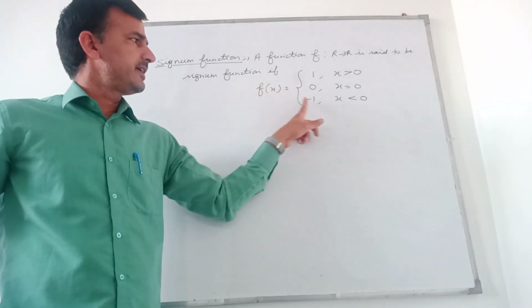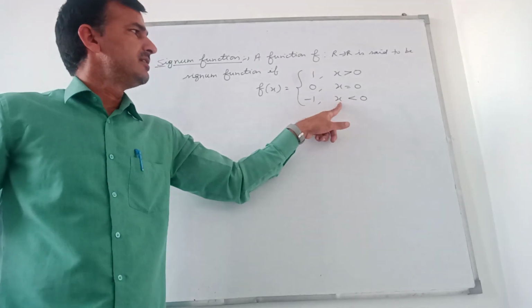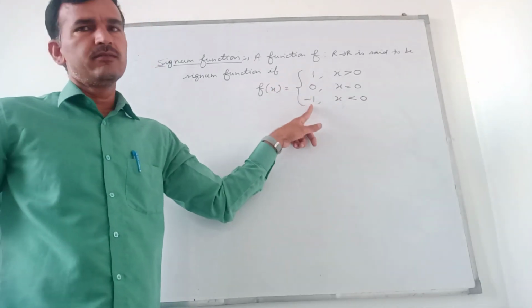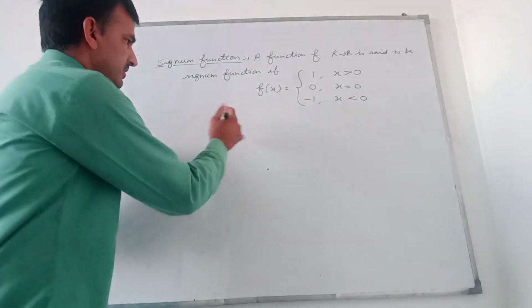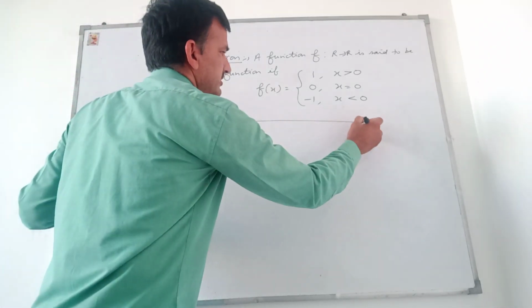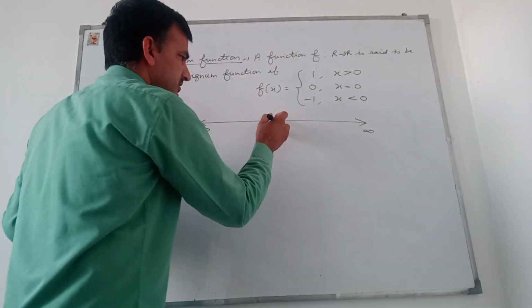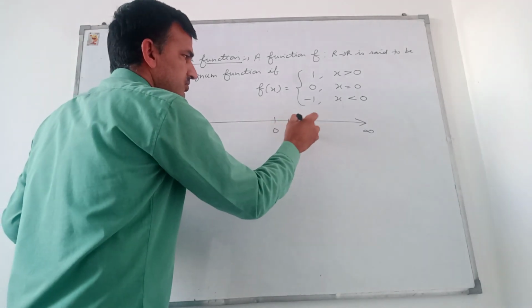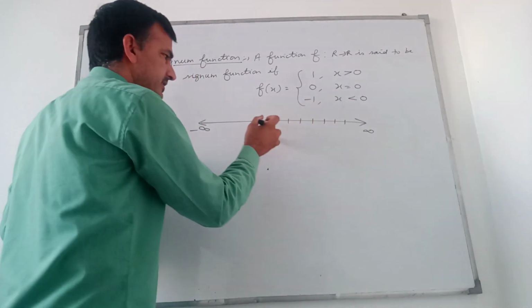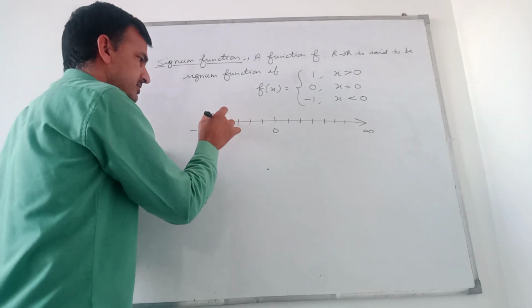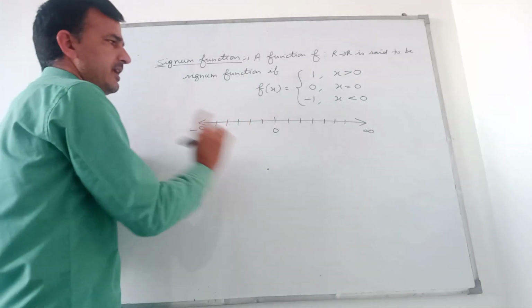And if we take x less than 0, f of x is -1. For example, let this be the number line from minus infinity to infinity. This is 0, 1, 2, 3, 4, 5 up to infinity, and -1, -2, -3, -4, -5 up to infinity.